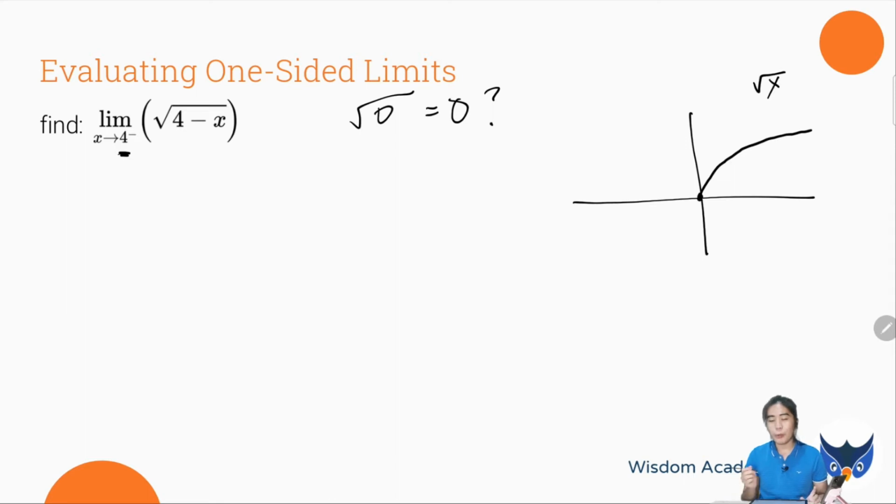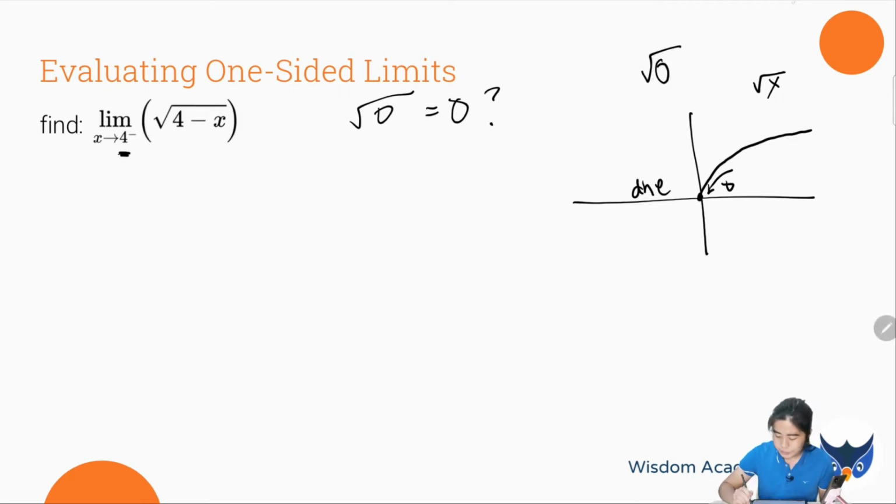Pero, if we will look at its limit, so, its limit from the right, makikita natin na yung mga values niya ay approaching 0 naman talaga. Pero if we will look from the left, walang value, walang kahit ano. So, from the left, it will not exist. And from the right, it will be equal to 0. So, kailangan natin i-account yung side kapag we encounter square root of 0.